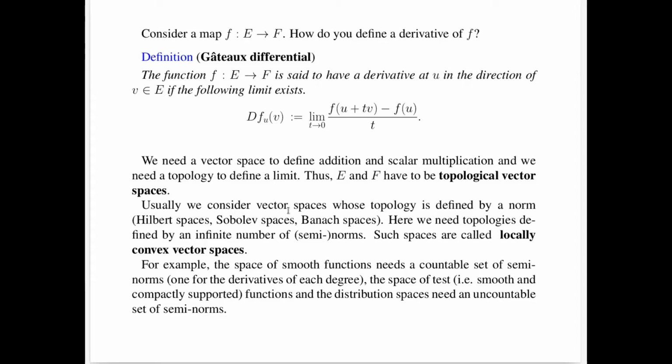But when you want to make derivatives with respect to smooth functions, for instance, you cannot work with only one norm, and you have to work with an infinite number of semi-norms. A semi-norm is like a norm, but if the semi-norm of a vector is 0, then the vector is not necessarily 0. It's the only difference. And these spaces are called locally convex vector spaces.